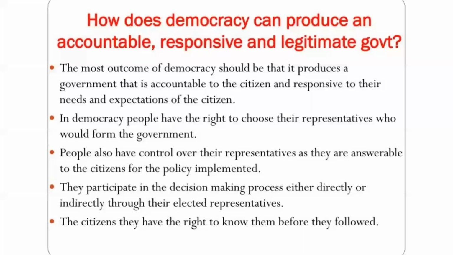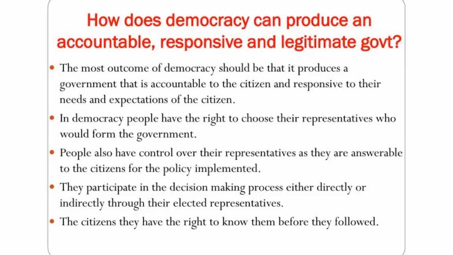In a democracy it will take time, but the decisions will be effective and acceptable to everyone. Every person accepts it. Citizens have the right to know before they follow, because people are aware that if a decision is not in favor of the public or citizens, citizens will start to protest against decisions taken by the government. So this is the reason a democratic government takes more time when it takes any new decision.